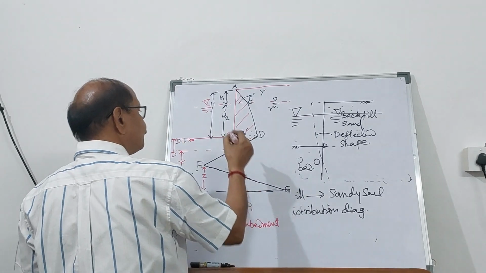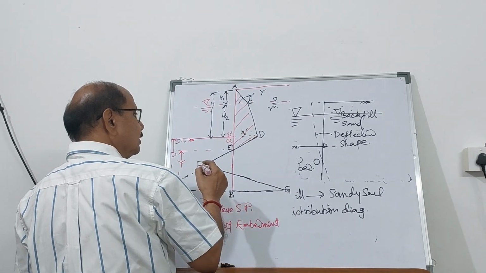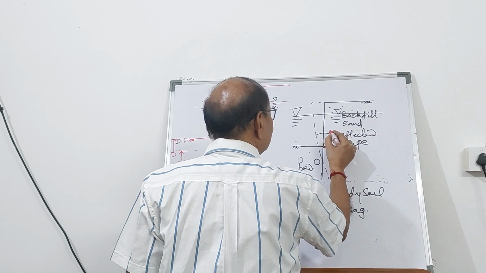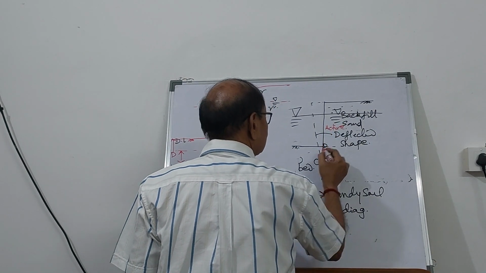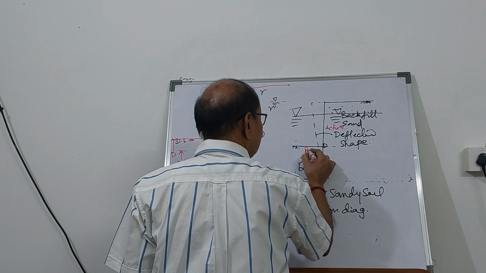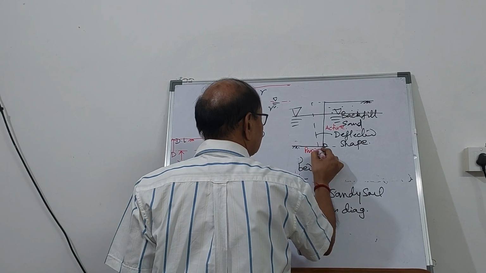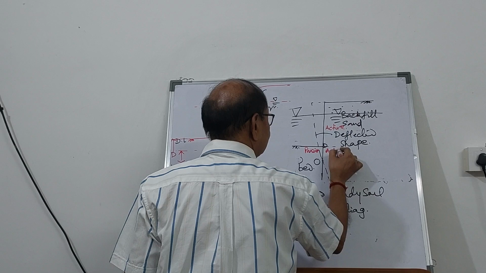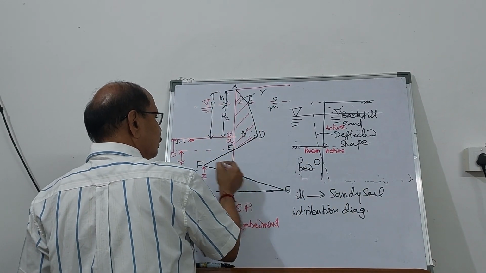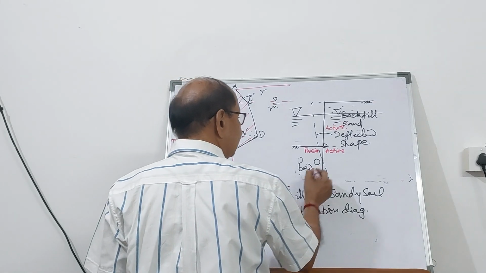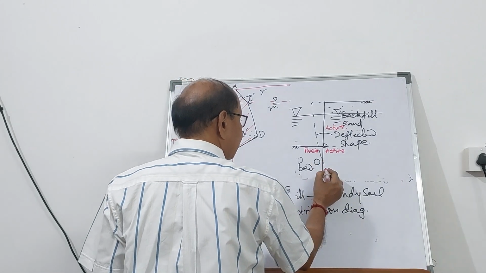And the pressure distribution is like this. I have already explained to you, this is in active state. Here, this is going to be passive. This side, it is going to be active. So active goes to passive condition, and then it comes to here.